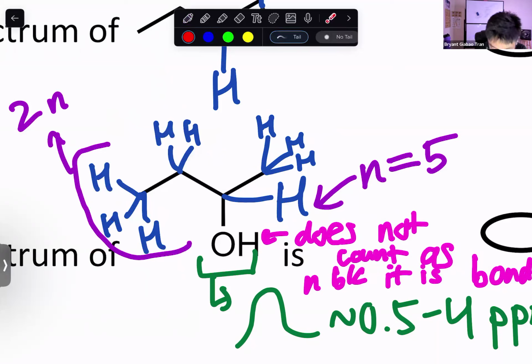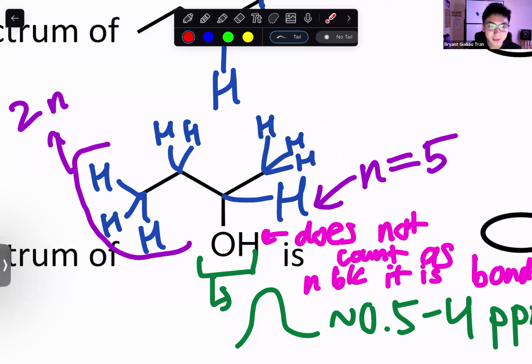It just depends on what peak or what set of hydrogens you want to figure out how many neighbors it has. In this case, I asked how many neighbors this hydrogen right here would have, which is why I started at this hydrogen. If I asked how many neighbors this set of hydrogens has, then you would start with either one of these hydrogens to calculate the number of neighbors.